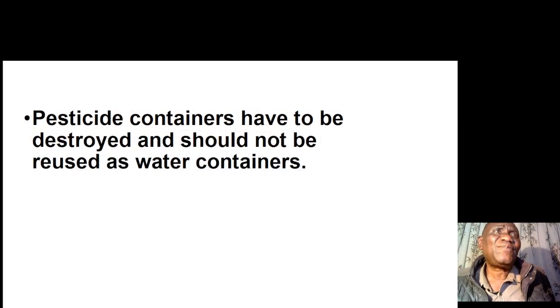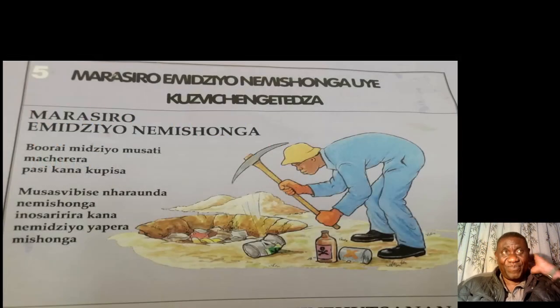Pesticide containers have to be destroyed and should not be reused as water containers. So we need to destroy.